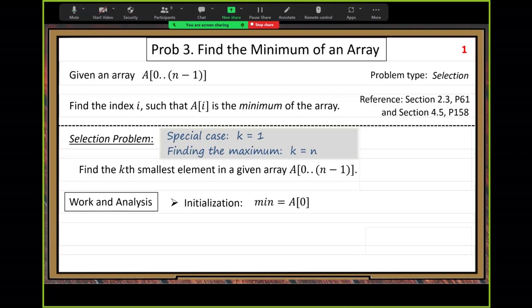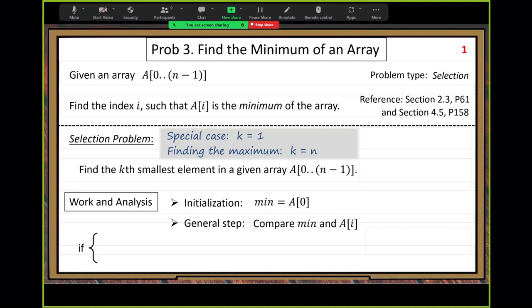At the beginning, we store the value of the first element in this variable. That's initialization. After that, in the general step, we compare the value stored in the main variable with A of I, where I goes from 1 through n minus 1, the remaining elements.